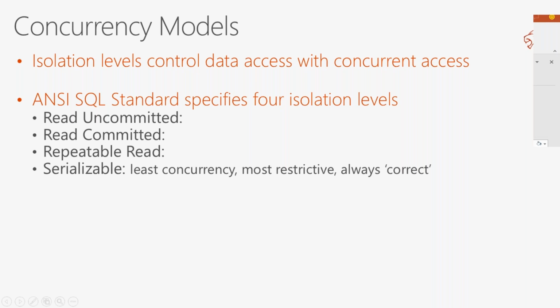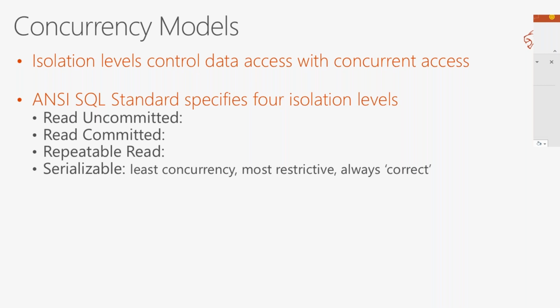Now, the most unmanaged or most relaxed isolation level is called read uncommitted. So what it means is that if I want to query a table under an isolation level called read uncommitted, as you can guess, the name says read uncommitted data. That means I'm allowed to see uncommitted data.